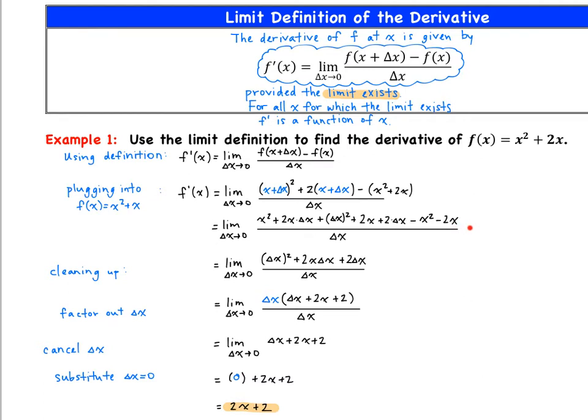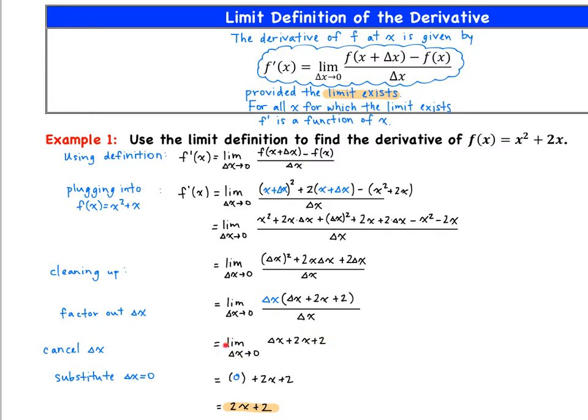Okay, so when we clean it up and combine our like terms, we're left with the limit as delta x approaches 0, where delta x squared plus 2x delta x plus 2 delta x all over delta x. So we can factor out that delta x, and what we should notice is now we've got these delta x canceling one another, and we've simplified that limit.